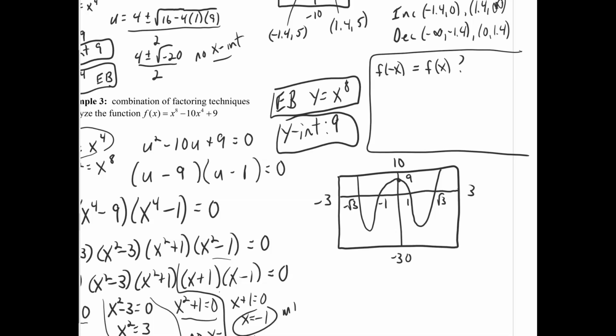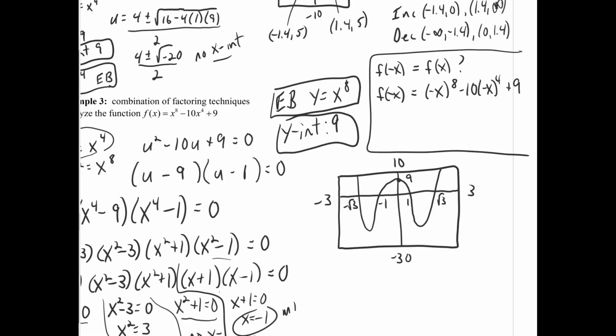We just want to know what happens if we find f of negative x, if it's in fact the same thing. So we would go f of negative x equals negative x to the 8th minus 10 times negative x to the 4th plus 9.